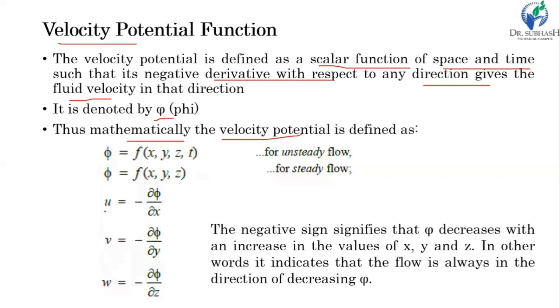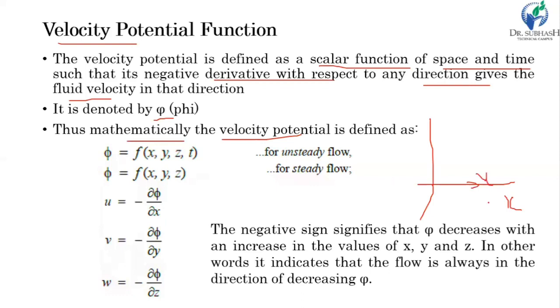It is the negative derivative, so taking the negative derivative with respect to x will give you the velocity in that direction. So if we take the derivative of phi with respect to x, let's see here, this is x, y and z coordinate. If this is the x coordinate, then in this direction we always consider u as the velocity component.